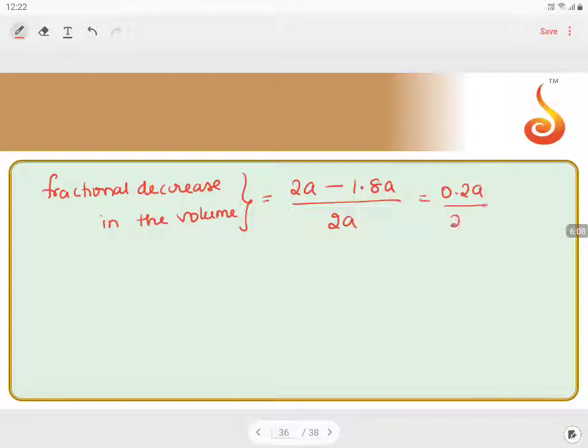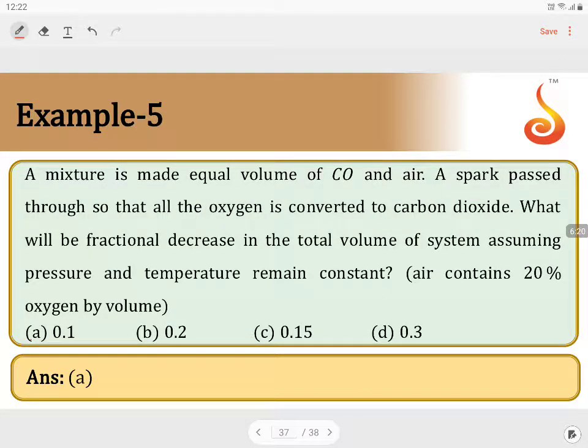That is 0.2 A by 2A, and A and A get cancelled. This will be 0.1. So the fractional decrease in the volume will be 0.1.